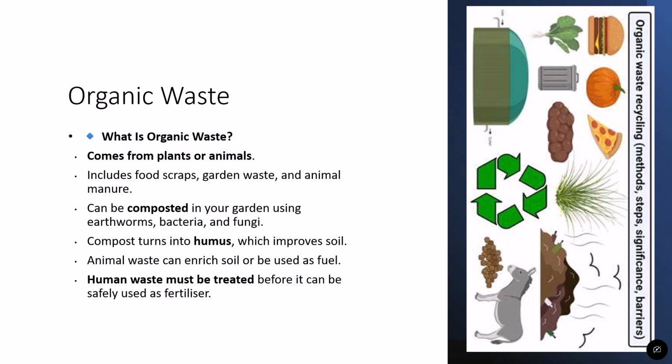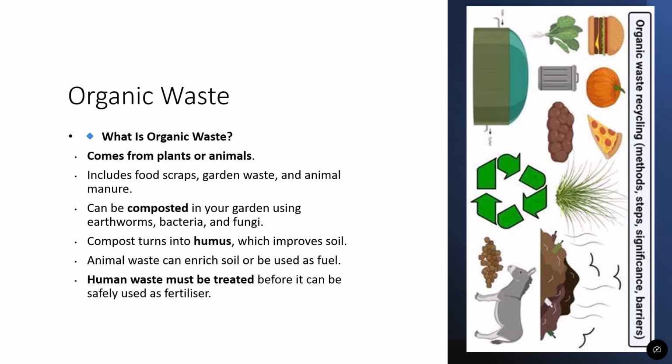What happens is that your food scraps are going to decompose, and you turn that once in a while, and it's going to turn into compost, which turns into humus, and you can mix this in your flower pots while you're growing your vegetable garden, and it's going to improve your soil quality.